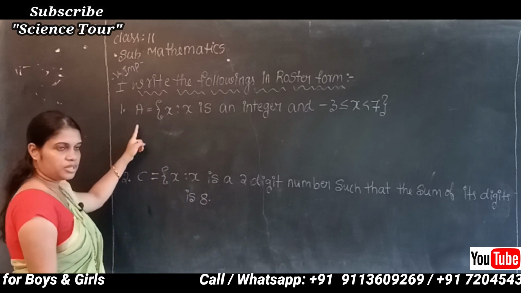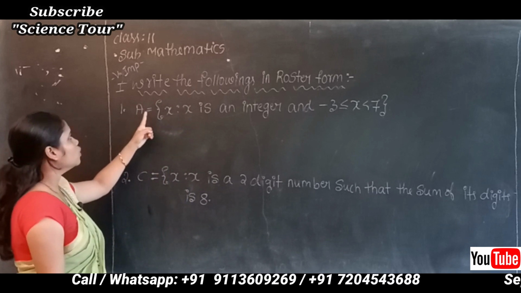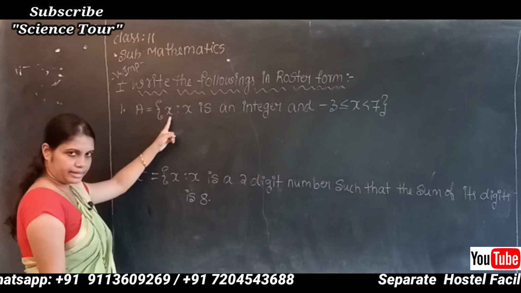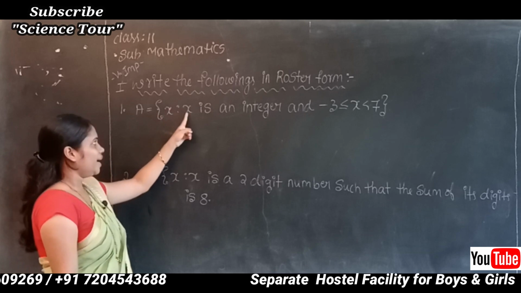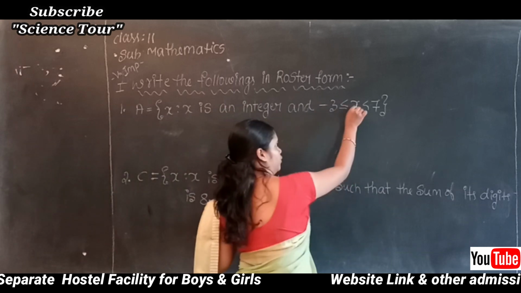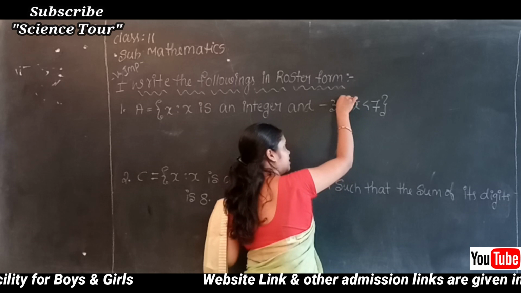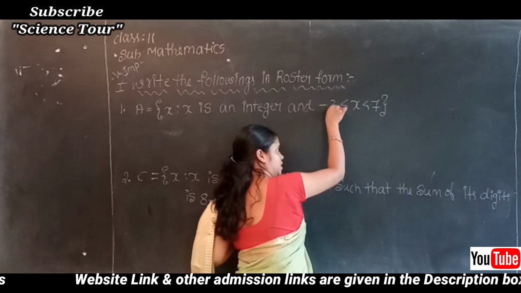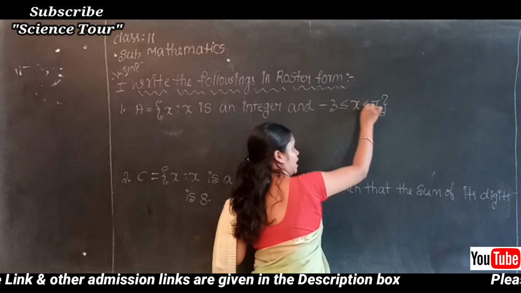The first problem is A is equal to the set containing x such that x is an integer and the value of x must be greater than or equal to -3 and strictly less than 7.